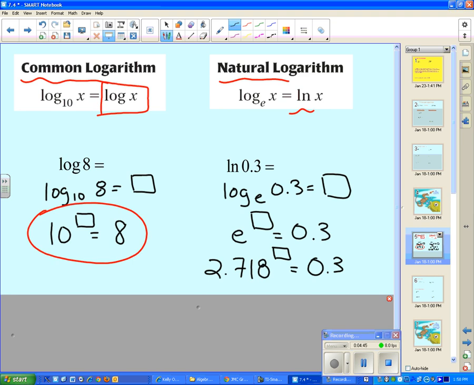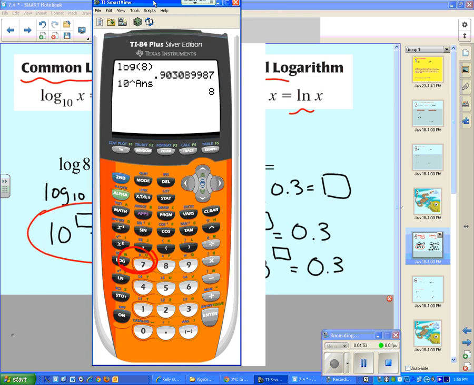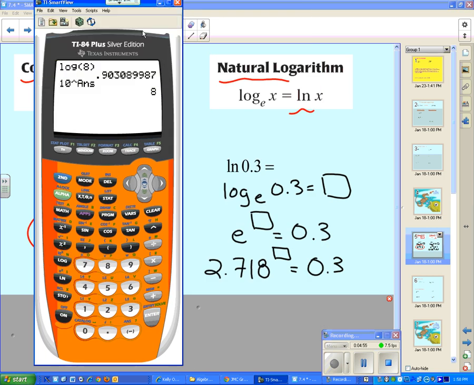And then check it out. Plug it in your calculator and decide if you were right. ln is right below log. And it is a negative.